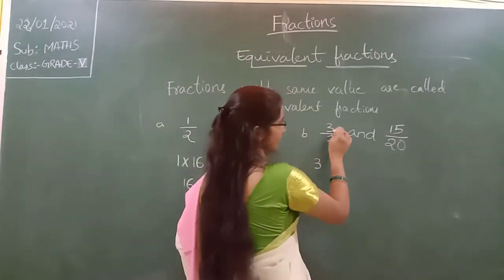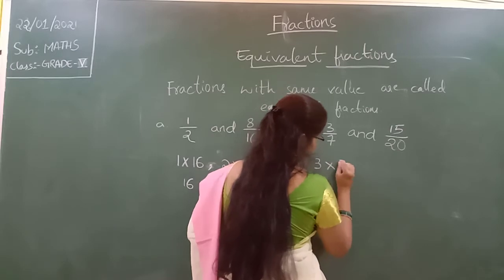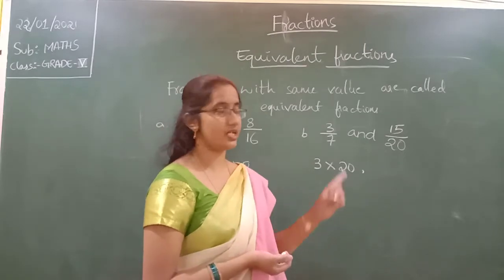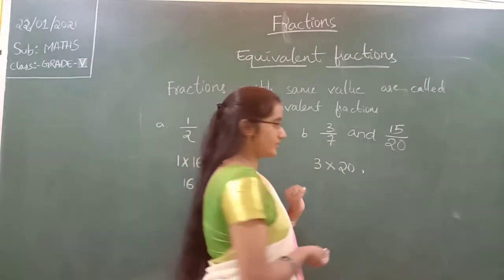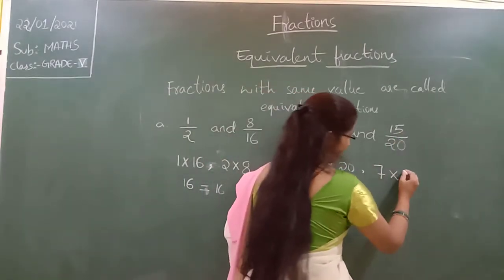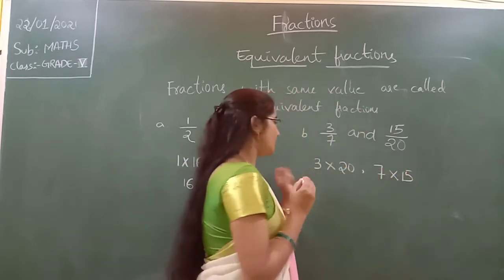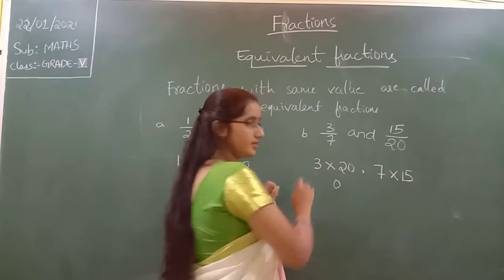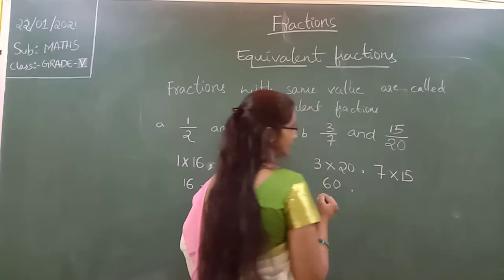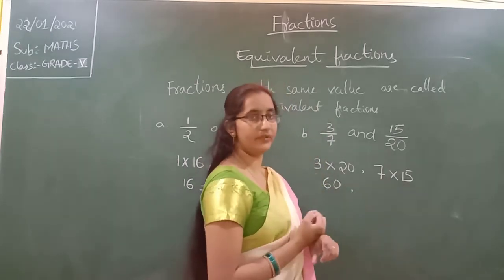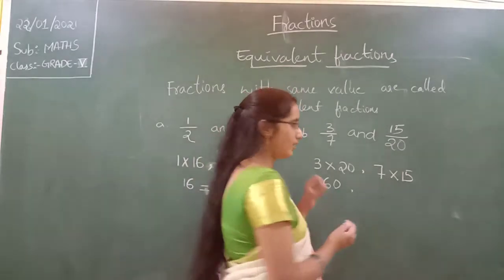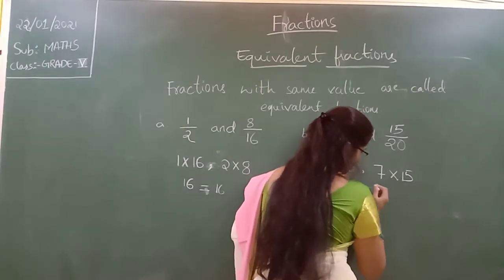Numerator of the first fraction is 3, denominator of the second fraction is 20. 3 twenties are 60. Next, the denominator of the first fraction with the numerator of the second fraction: 7 into 15. 7 fives are 35, 7 tens are 70, so 105.